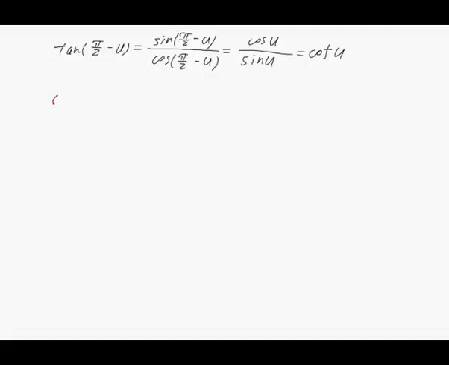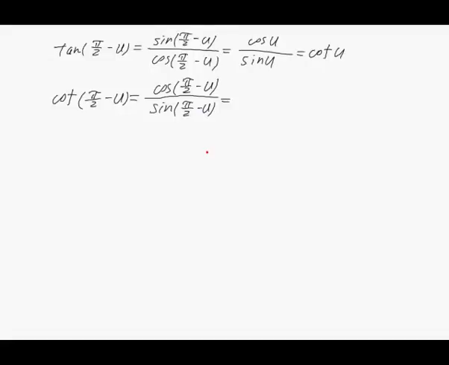And see cotangent of half pi minus u. So by definition, this is equal to cosine of the half pi minus u over the sine of the half pi minus u.